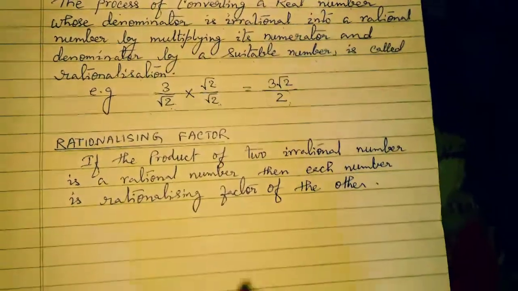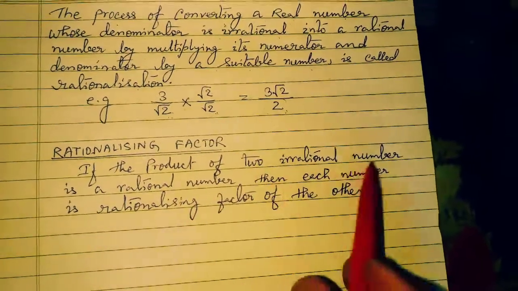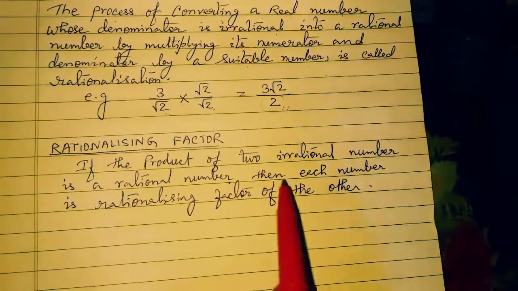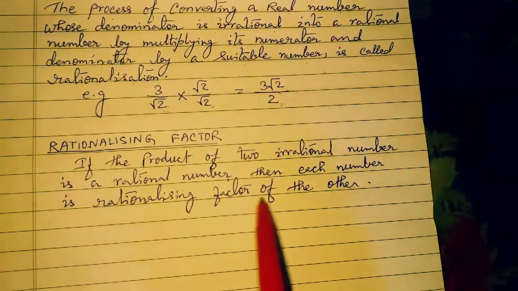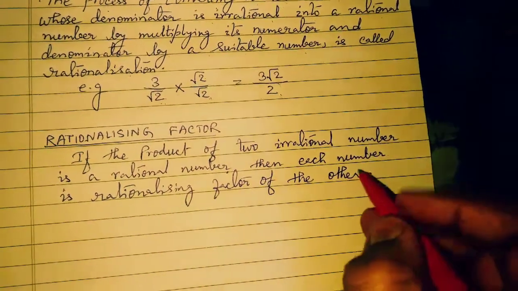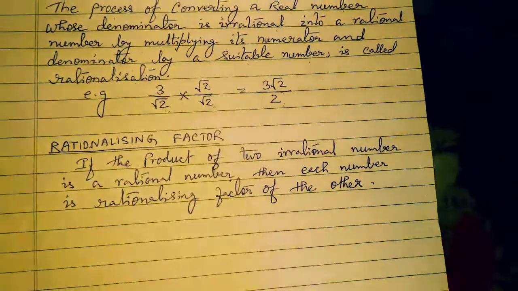Clear, students? So if the product of two irrational numbers is a rational number, each is the rationalizing factor of the other.